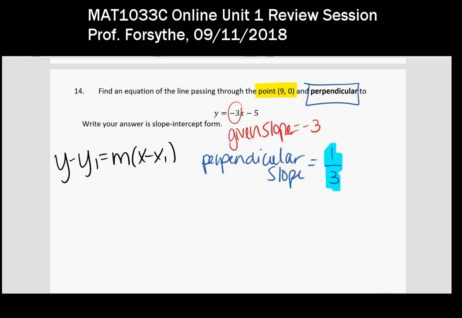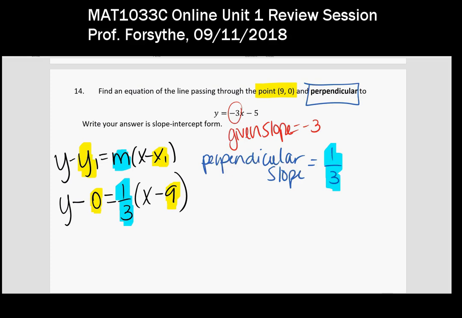Okay, so now our point is going to plug in for x1 and y1, and the slope is going to be the m. So we have y minus 0 equals m, which is 1/3, times x minus 9. Just so we know what we're doing, these values came from the point. This is your slope.